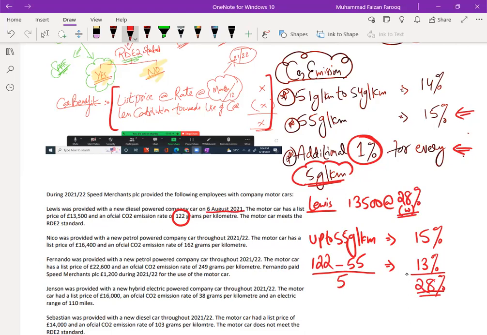Did we have the car available the whole of the tax year or some months in the tax year? Some months. If I do a working, just for your understanding, how many months? August till the end of the tax year. How many months?